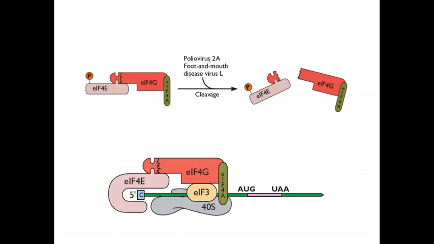If you cleave 4G here, even if 4E could bind the capped message, it couldn't recruit the ribosome because all the 4G in the cell is now cleaved and it no longer has a 4E binding site. So that effectively shuts down cap-dependent translation. But it's brilliant, of course, because these viruses that do this have an IRES in their genome. They're not capped, so they don't need this 5' EIF4E, or I should say N-terminal EIF4E binding site. It's very neat.